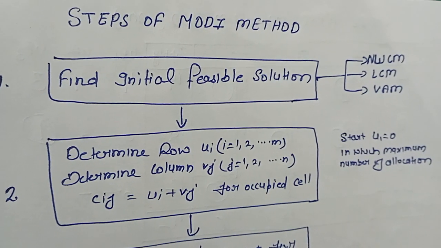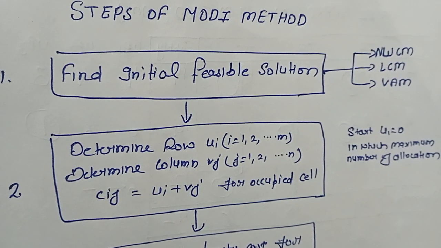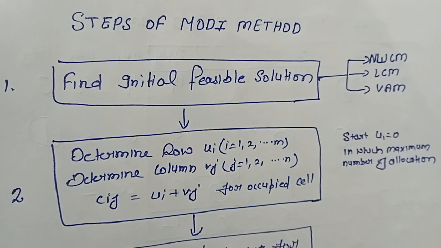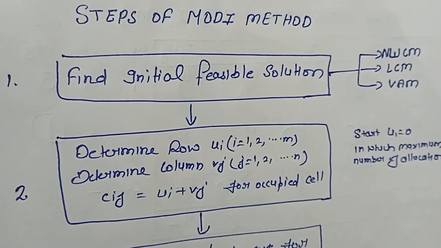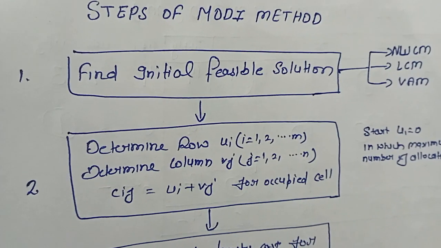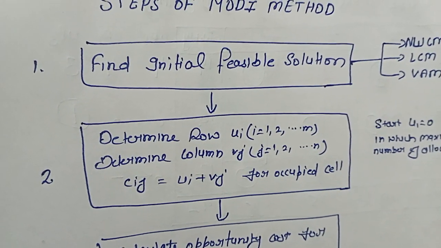First of all, we calculate the initial feasible solution by following these three methods. But if nothing is mentioned in the question, we apply the VAM method.